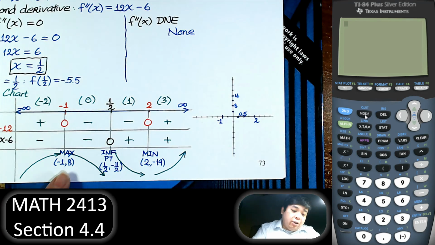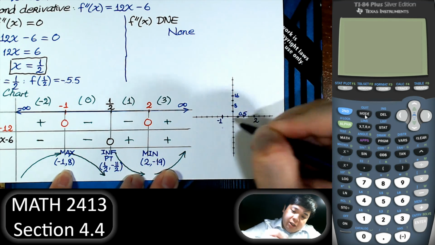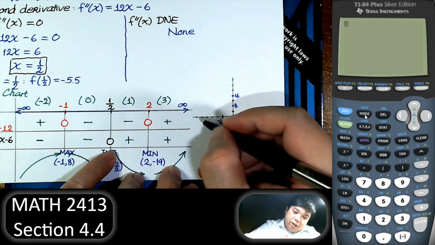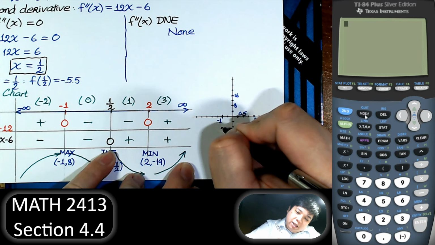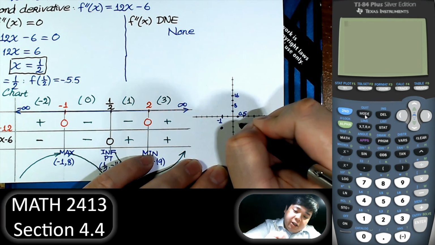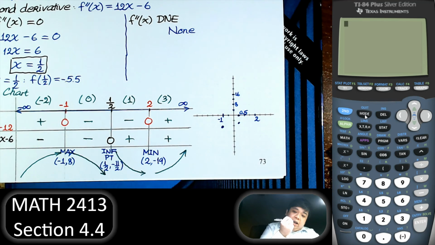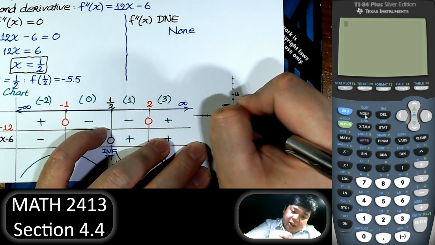So we have negative 1 and 8. The first one is going to be here, negative 1 and 8. Next, 1/2 and negative 11 over 2, so negative 5.5. So about here. And then, sorry, negative 1 and 8 should be here.